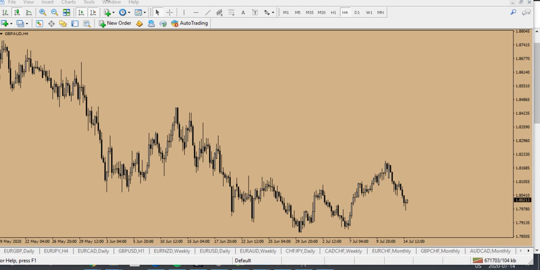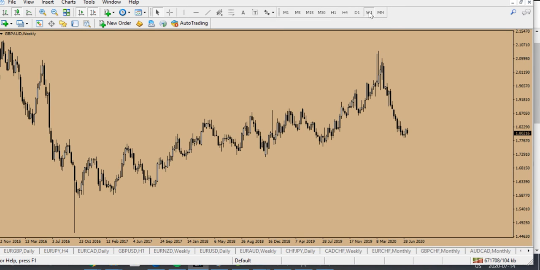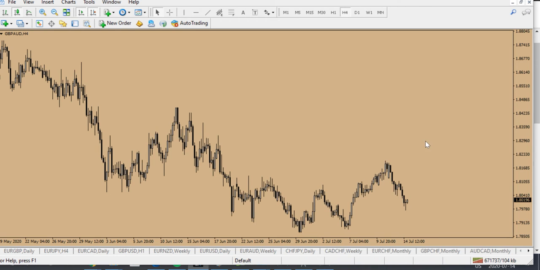GBPAUD. Well, if you follow the trend line, you see it's already going up. Trend is up. So if you haven't entered this trade in the buy, you may try to enter on the pullback, which would be here.